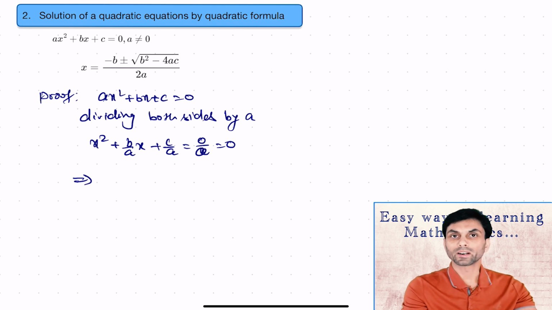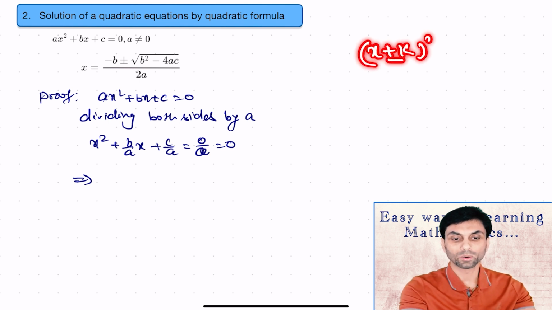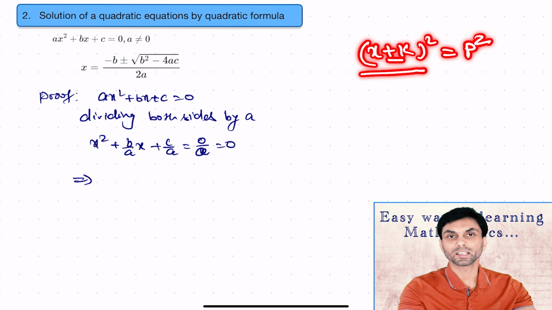Now we will rewrite the terms in order to write it in the form of something like x plus or minus k whole square equals to some p square. That means we are trying to convert the LHS into the perfect square expression.